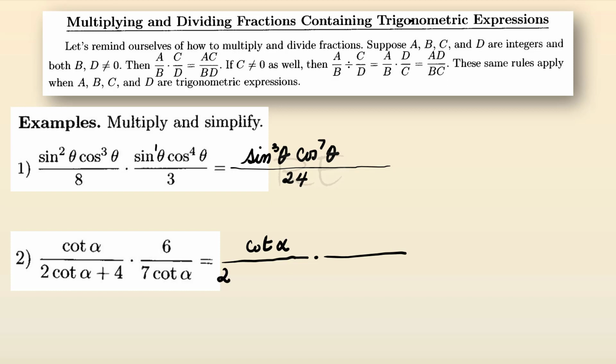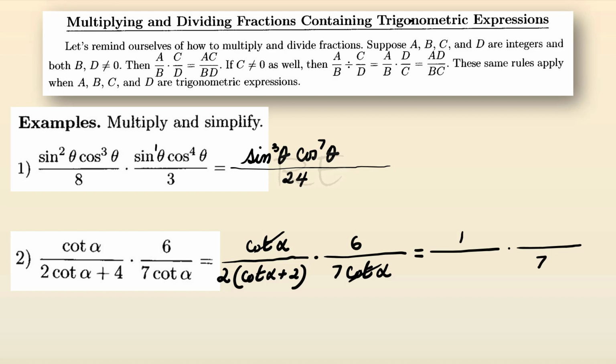We're going to factor the denominator. 2 cotangent alpha plus 2 times 6 and 7 cotangent alpha. Now we're going to cross cancel before we multiply them together. We cross cancel cotangent theta.